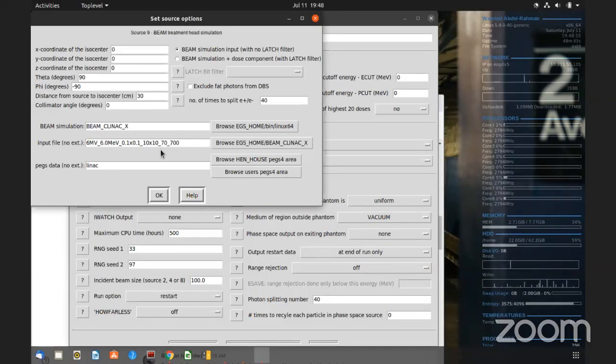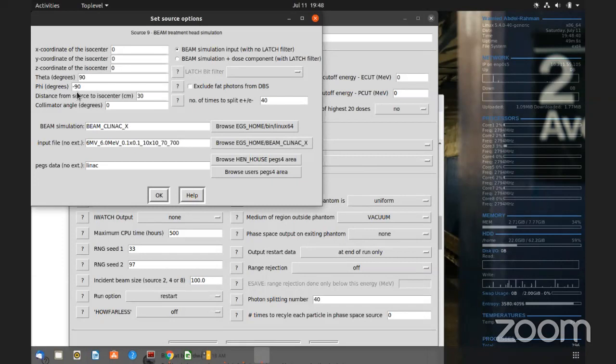When we were doing our measurements, we placed the isocenter at the chamber. So I just need to make sure that this is correct, and then I run the simulation. So the phase space file is at 70, and the chamber is at 0, 0, 0, and that's it.